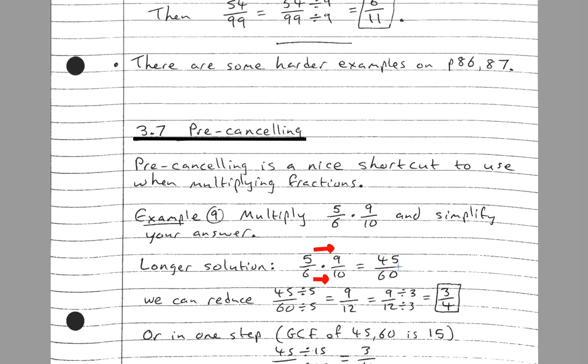So we get the answer 45 over 60. You definitely get partial credit, but the question says to simplify your answer, so we want to reduce this.